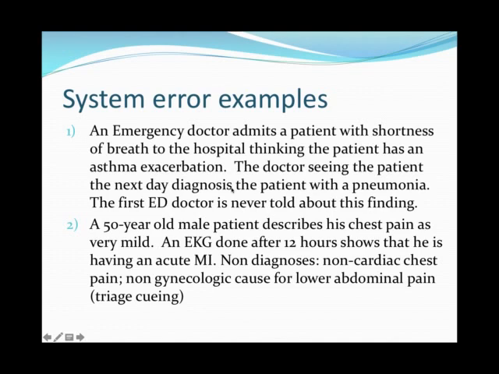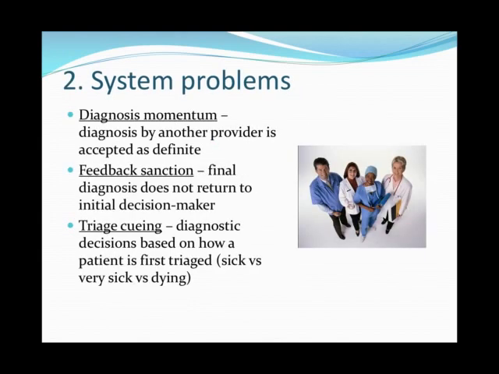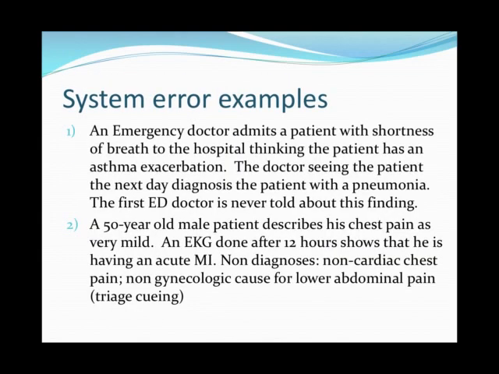Next one, a 50-year-old male patient describes his chest pain as very mild. An EKG done after 12 hours shows that he is having an acute MI. So this one is triage queuing, because an EKG for a person with chest pain should be done immediately in the ER.